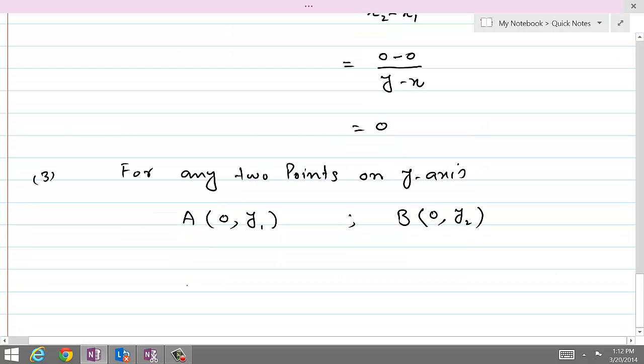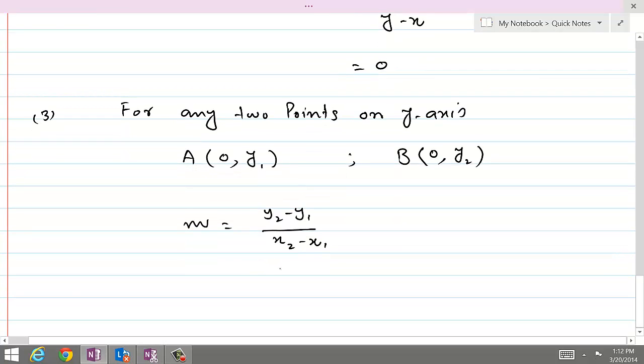So this time if we take the slope, it is equal to y2 minus y1 over x2 minus x1, and you can see that y2 and y1 are the values of both ordinates of the points, and this is equal to y2 minus y1 over 0 minus 0.